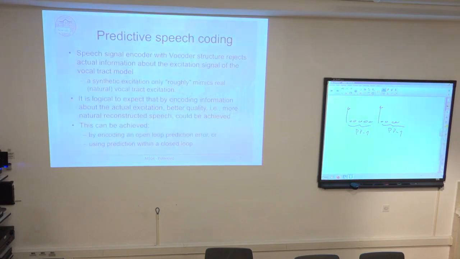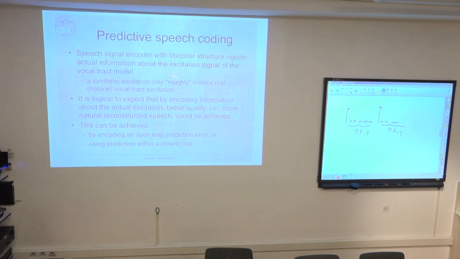Okay, so the speech encoder with vocoder structure explained so far rejects completely the information about this prediction residual. It only models this excitation as a periodic pulse train or as white noise. But the actual form of the prediction residual waveform is ignored, is not transmitted.